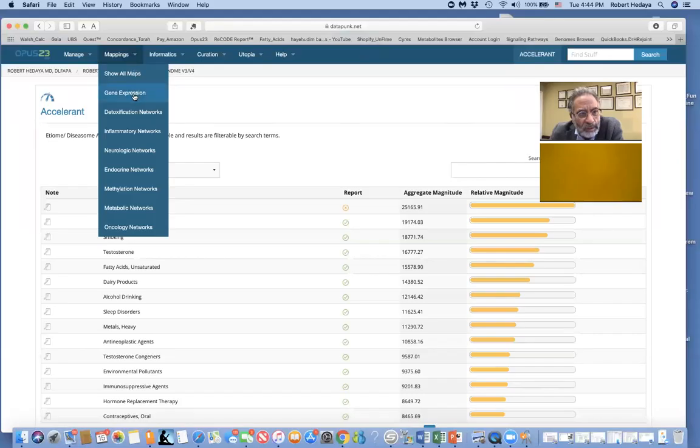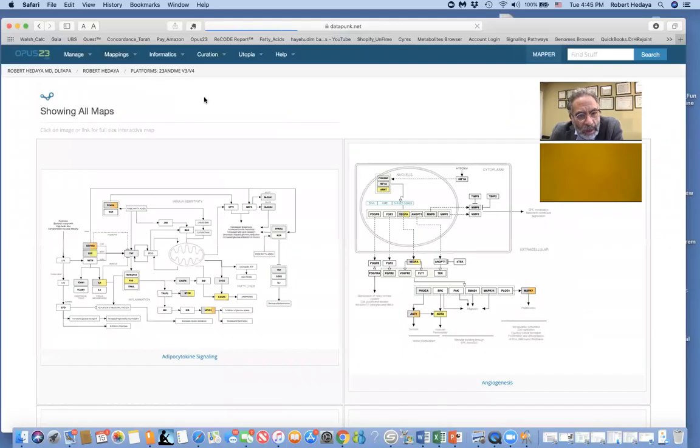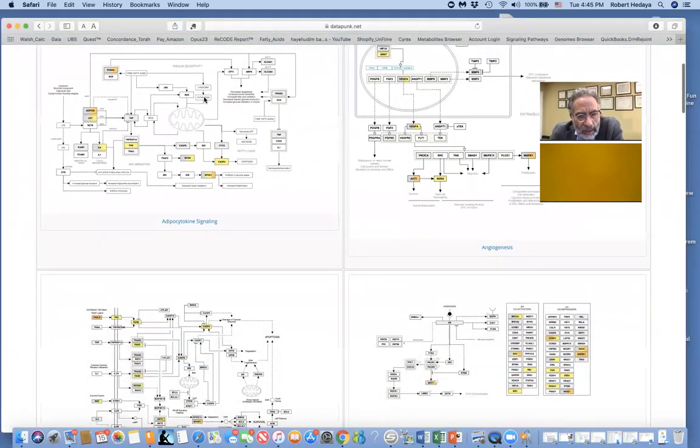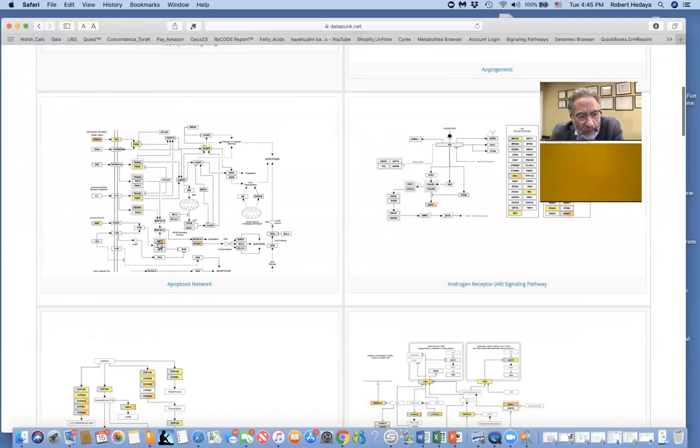We can look at different gene maps, kind of like circuit boards, right? So we can look at all of these different gene maps. And what do these gene maps tell us? Well, all different things. This one tells us how the body recycles aging cells. This gene map tells us all of the genes involved in androgen, meaning testosterone signaling, and their receptors. So I can click on any of these.